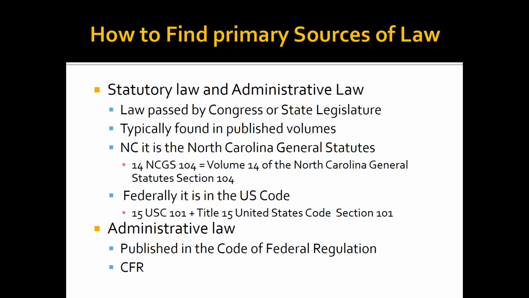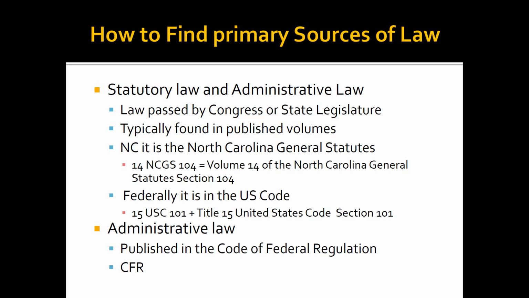Statutory law is, as I said, passed by the North Carolina General Assembly or the U.S. Congress, or whichever state you're in. So if we looked at the criminal law in North Carolina, you're going to find that in volume, sometimes chapter, it's called in different states, volume 14 of the North Carolina General Statutes, section 104.